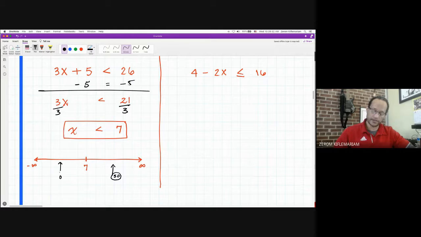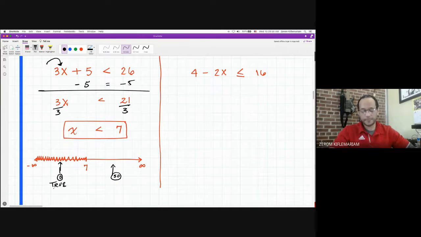As long as it is on the right, you can confidently plug those numbers. Remember, any number that we plug in goes into the original problem. So 0 times 3 becomes 0, plus 5 is going to be 5. Is 5 less than 26? That is true. So I am going to be shading the one on the left side because that side is true.